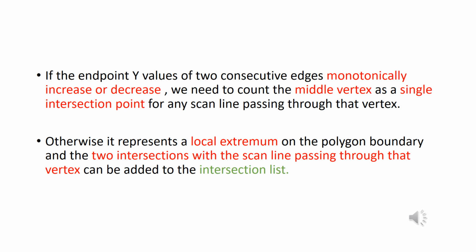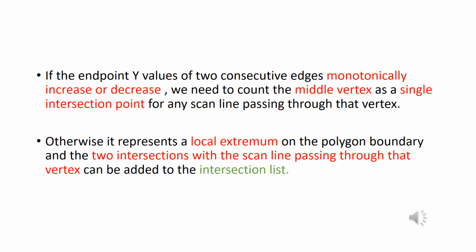In this slide, we will determine which intersection point should be taken as a single intersection point and which should be taken as a double intersection point. If the endpoint y values of two consecutive edges are monotonically increasing or decreasing, then we need to count the middle vertex as a single intersection point for any scanline passing through that vertex.